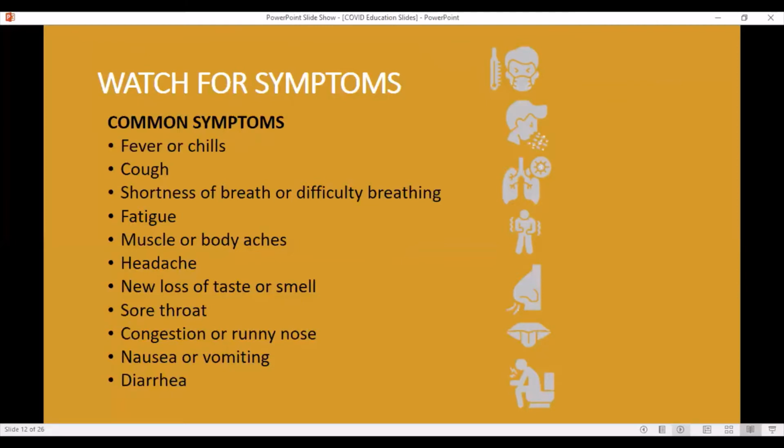Some symptoms are more well-known than others, like a fever and a cough or shortness of breath. But other common symptoms include fatigue, muscle or body aches, headache, a new loss of taste or smell, a sore throat, new congestion or runny nose that's not part of seasonal allergies, nausea or vomiting, and diarrhea.